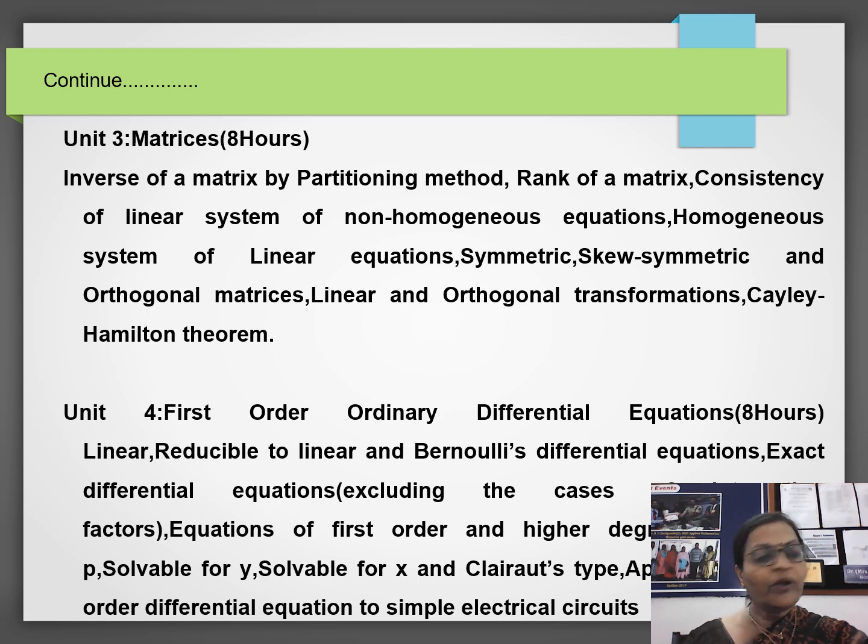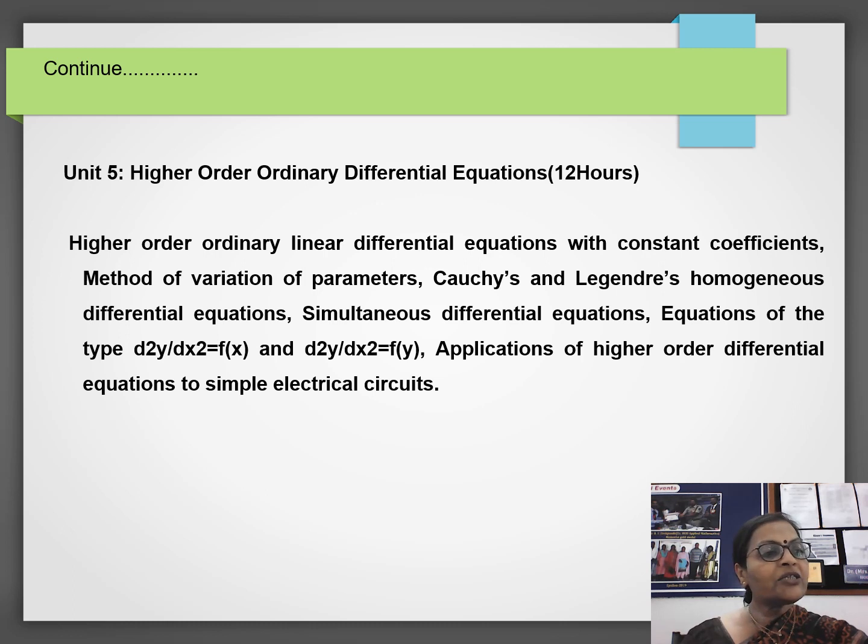Now, the last unit, that is fifth unit, is titled as higher order ordinary differential equations with constant coefficients. As an example, d square y by dx square plus 4 dy by dx plus y is equal to sine 2x can be solved with a general method and also with one specific method known as method of variation of parameters.